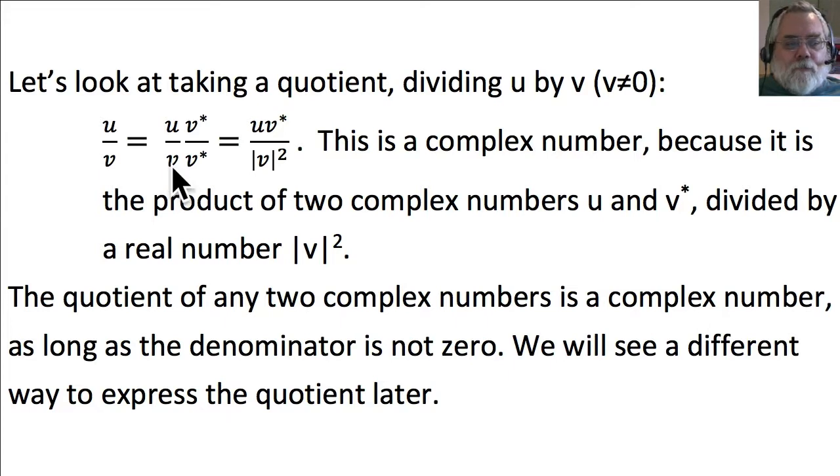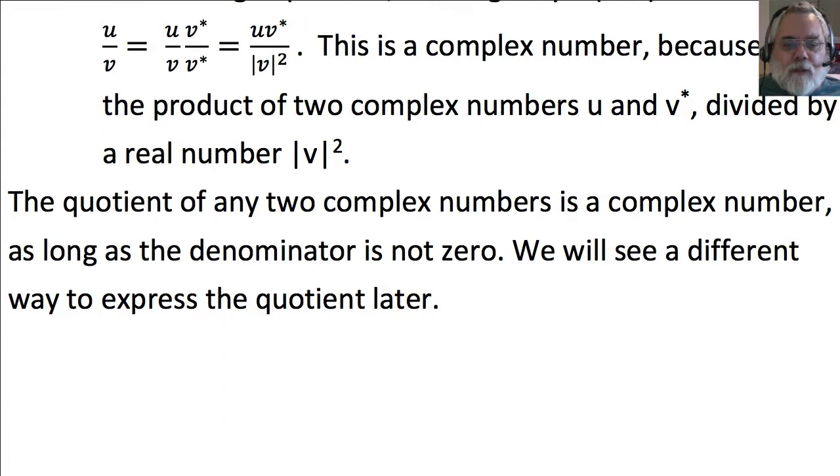The denominator ends up being v times v star, which we know is the magnitude of v squared, which is greater than 0 if v is not 0. The numerator, u times v star, is a complex number, since u is a complex number and v star is a complex number. The denominator is a positive real number, so the quotient of u divided by v is a complex number. The quotient of any two complex numbers is a complex number as long as the denominator is not 0. Later we'll see a different way to express the quotient.